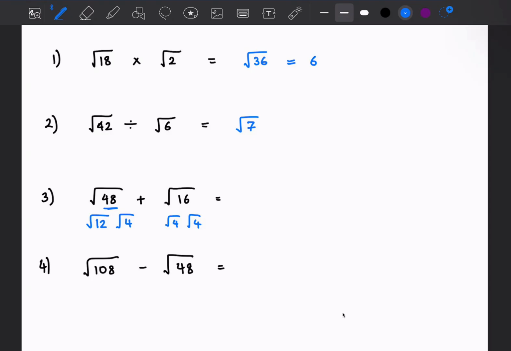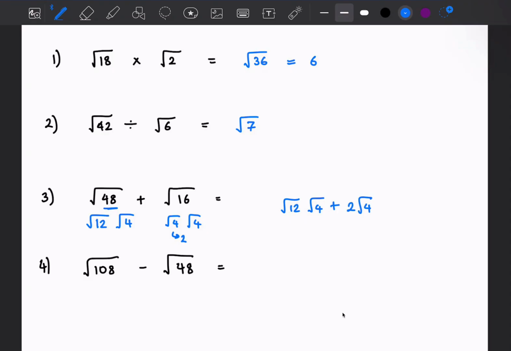So you can have a look at root 4, which we know is going to go down to 2. So essentially we've got 2 times root 12, plus another root 4 here. Now this one here, root 12, again we can see if we can simplify it a little bit further.